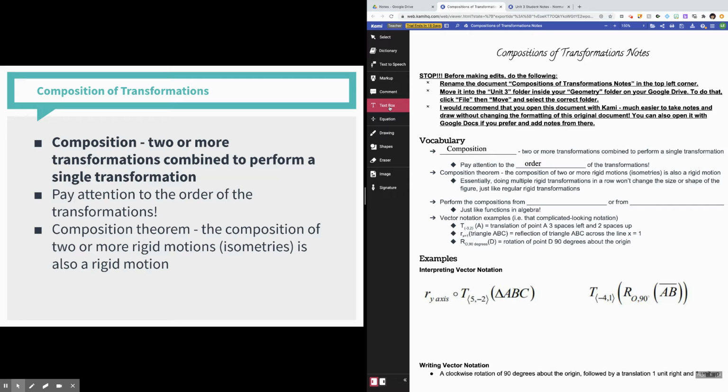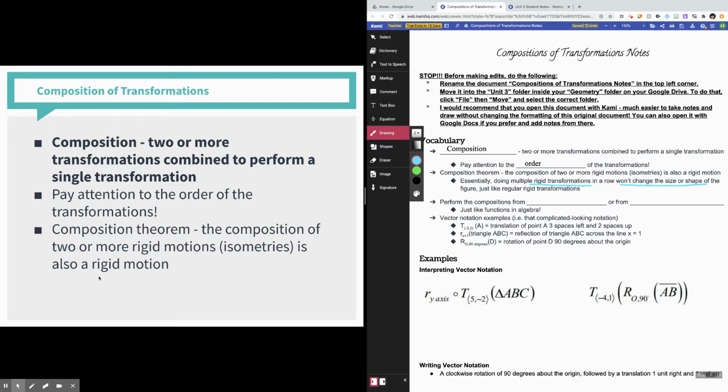So basically, doing multiple rigid transformations in a row still won't change the size or shape of your figure.